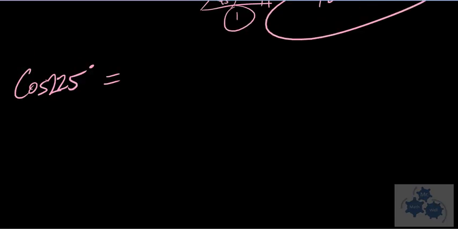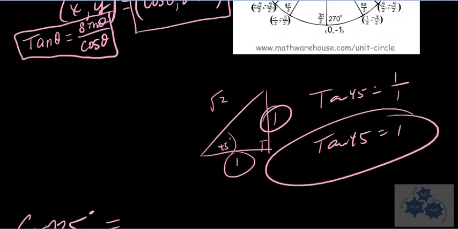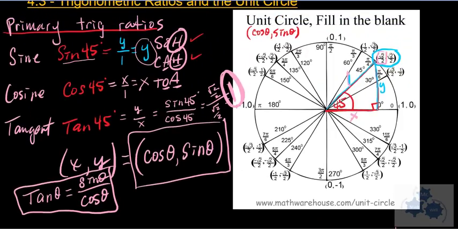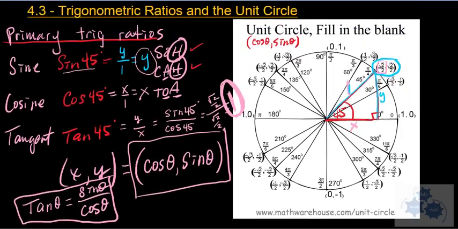So what is the cos of 225 degrees? Do not get out your calculator. No. You have not been listening, have you? What is the exact value of cos of 225? Now we look at our unit circle. What is it? Let's see.